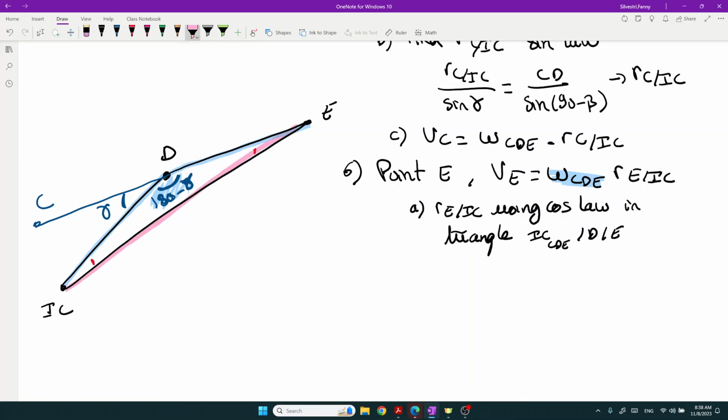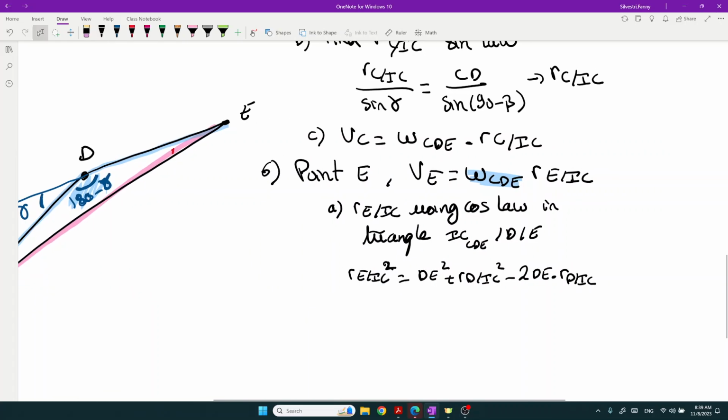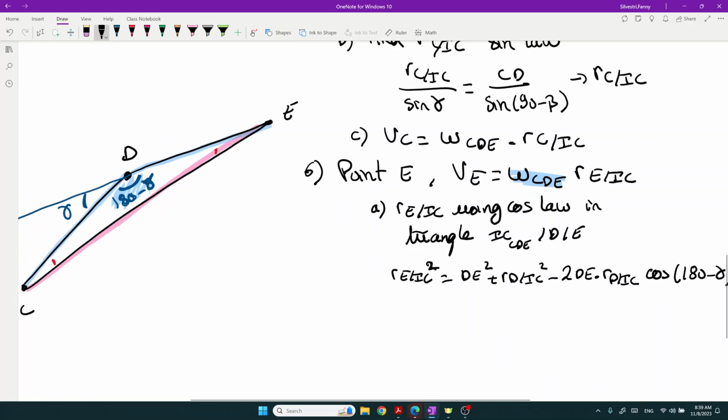We need to find this distance. We have the opposite angle and the two distances. So we will have REIC squared equal to distance DE squared plus the distance RDIC squared minus 2 times DE times RDIC times cosine of 180 minus gamma. Take your time to do all those formulas.